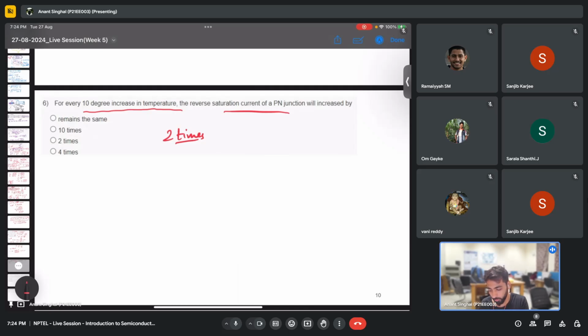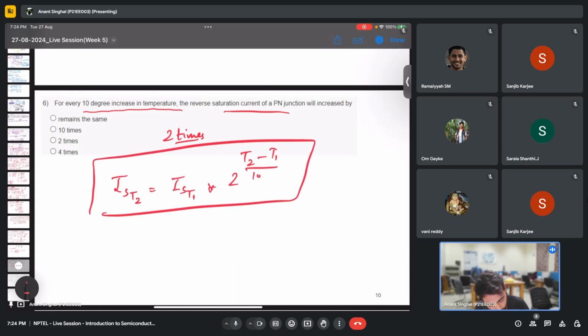It is quite a long derivation, so I'm not going through it, but you can write that the reverse saturation current at T2 is the reverse saturation current at T1 times 2 raised to the power (T2 minus T1) by 10. So if T2 minus T1, the change in temperature, is 10, then the reverse saturation current becomes twice the previous current.